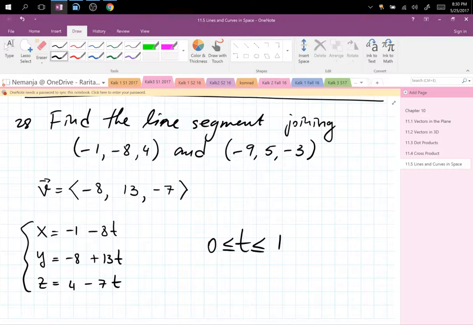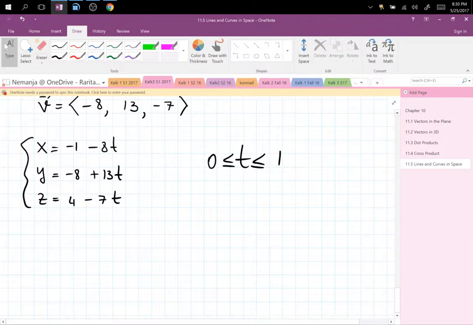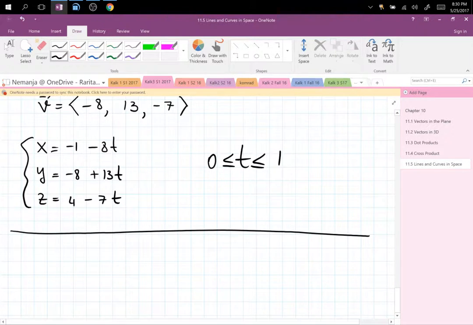So I hope you will learn, memorize the equation of the line. And now we are moving on to the next part, which is curves in space. So you all saw me hold that wire. This will have an equation.